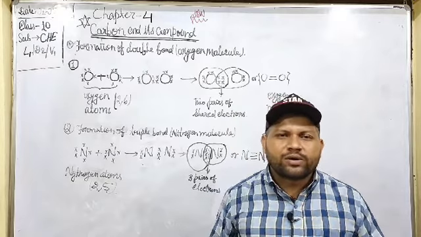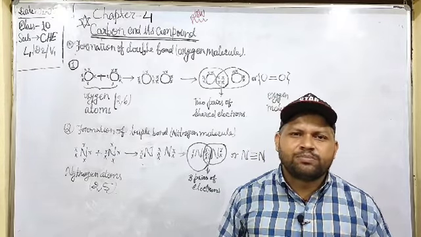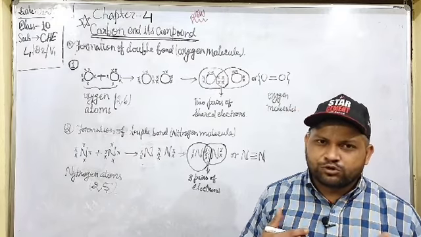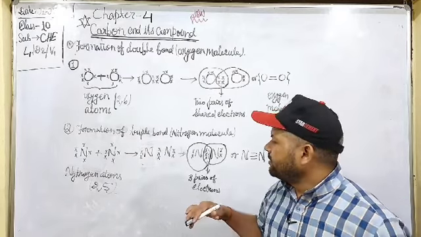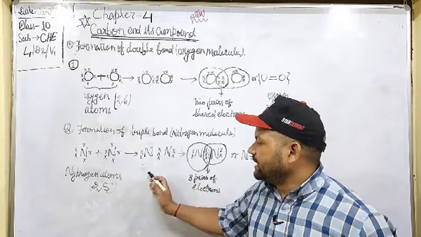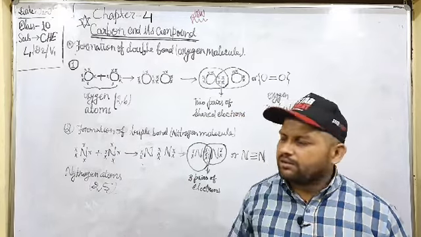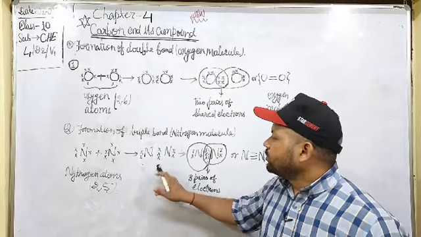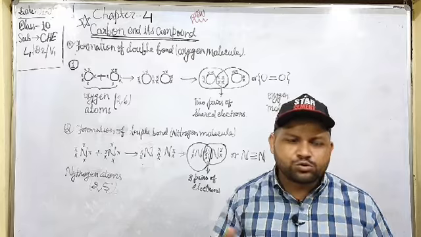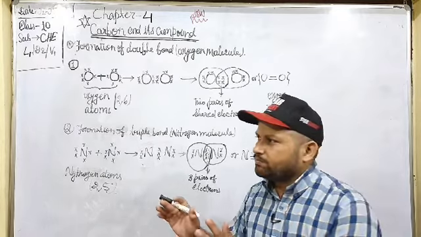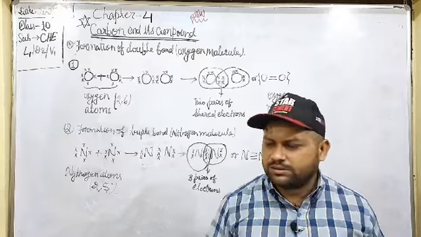So how can nitrogen complete its octet? Here the possibility of donating or gaining electrons is negligible. So it has to share the electrons. So here nitrogen has to share at least 3 electrons with its participating element.